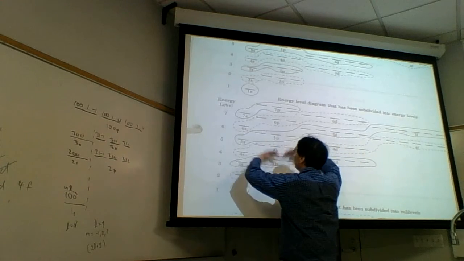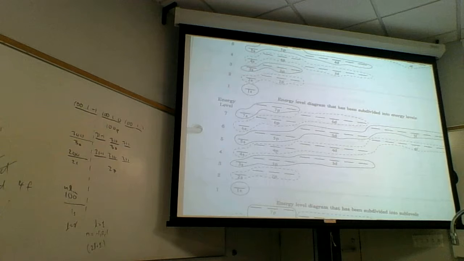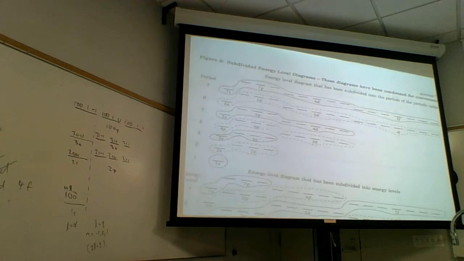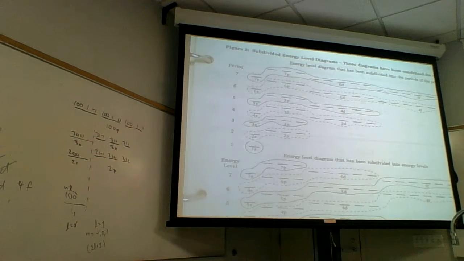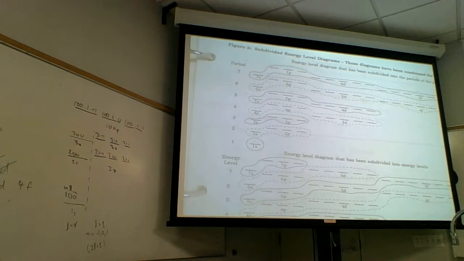But then there's some overlap here. And so what we're going to do instead is break this up into periods or shells. A shell would be a group of closely spaced orbitals in terms of energy.